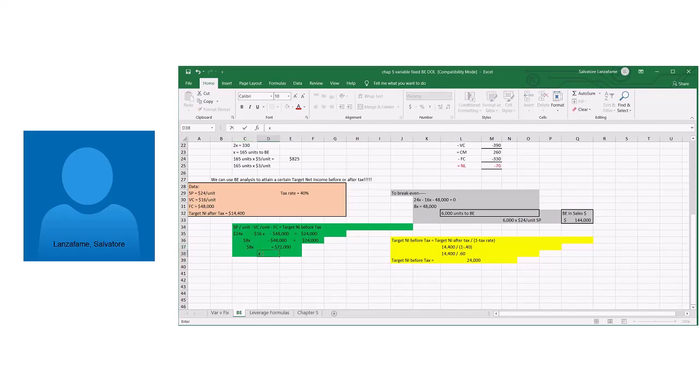And when you do that, you would need 9,000 not to break even, to hit the target that you were aiming for. 9,000 units to hit the target.